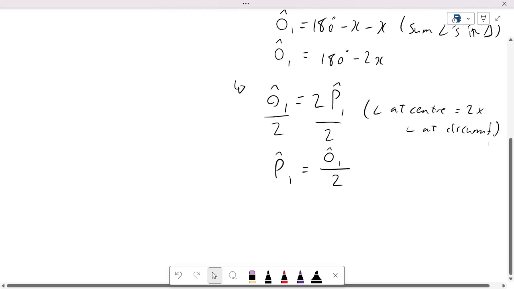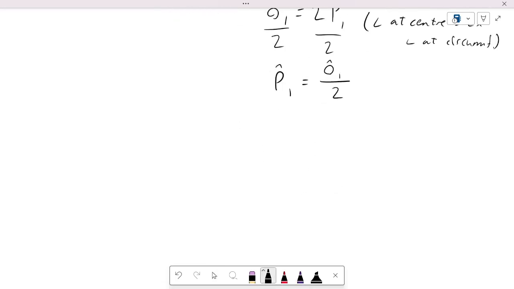So what is O1? O1 is 180 degrees minus 2x. So angle P1 is equal to 180 degrees minus 2x over 2. And we can break this fraction up into 180 degrees over 2 minus 2x divided by 2, right? So this is how we can break it up.